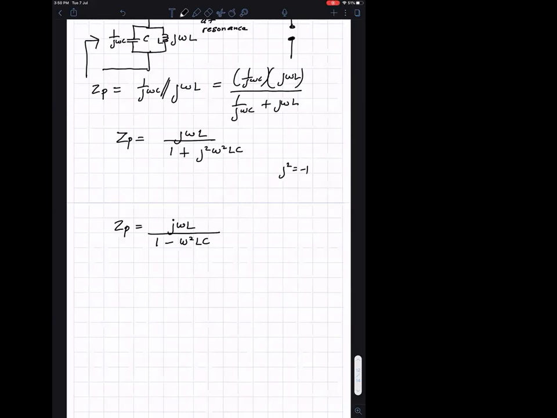At what frequency? So derive an equation for omega.